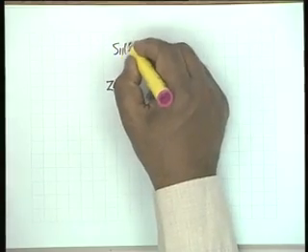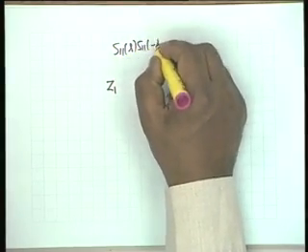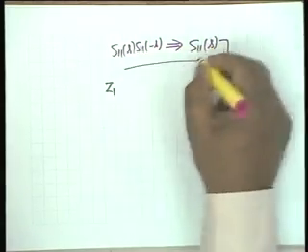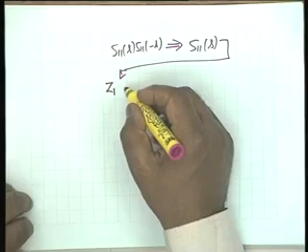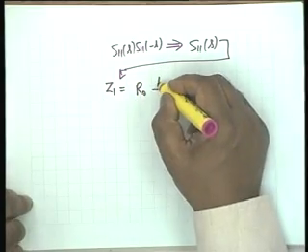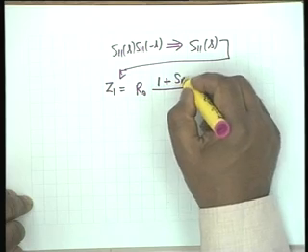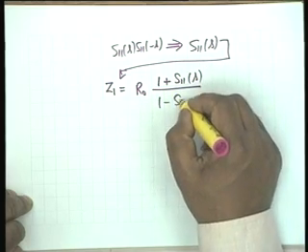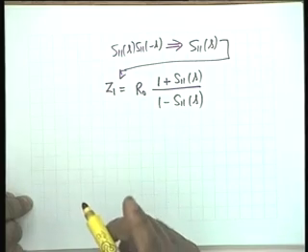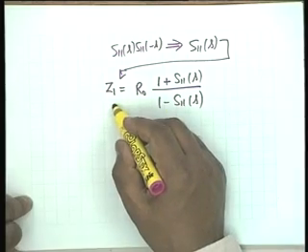From S11 of S and S11 of minus S, you choose S11 of S, then you find out Z1 as equal to R0 by componendo and dividendo, 1 plus S11 of S over 1 minus S11 of S. Alright, and finally you synthesize Z1.